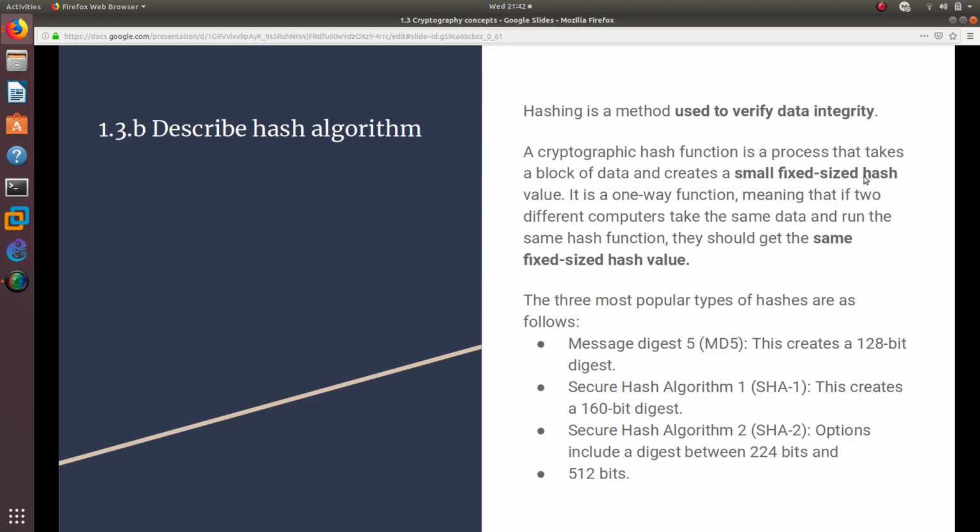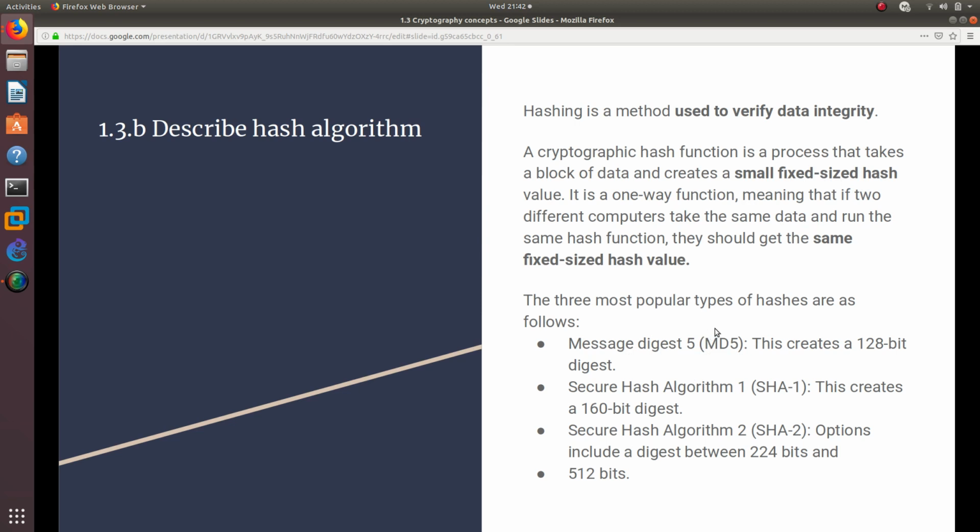It gives you a fixed value, right? And if anybody makes a change to that file, you can create another fixed value by running any of these three types of hashes. And if somebody changed that data, it will give you a whole different hash. It will give you a whole different fixed size hash.